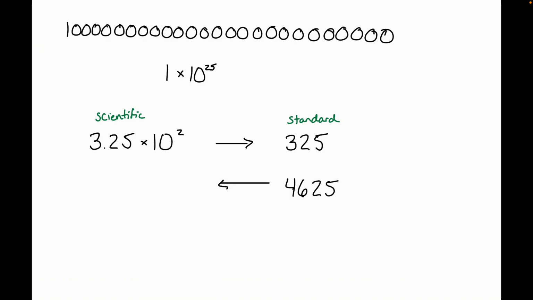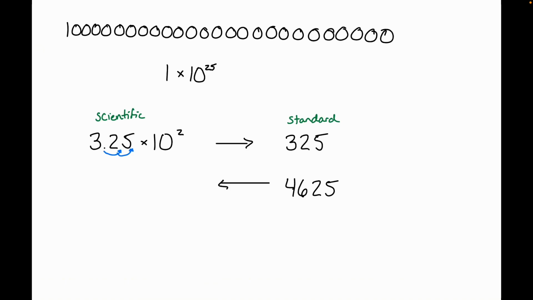So first of all, if we take a number like 3.25 and multiply it by 10 in our calculator, what we're going to see is that it bounces this decimal point over. If I multiply it by 10 twice, it'll bounce it over twice, which is how I got my 325.